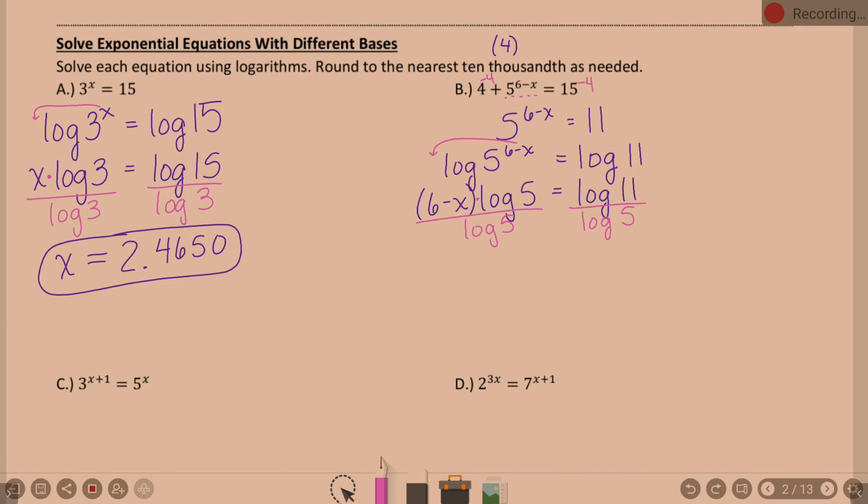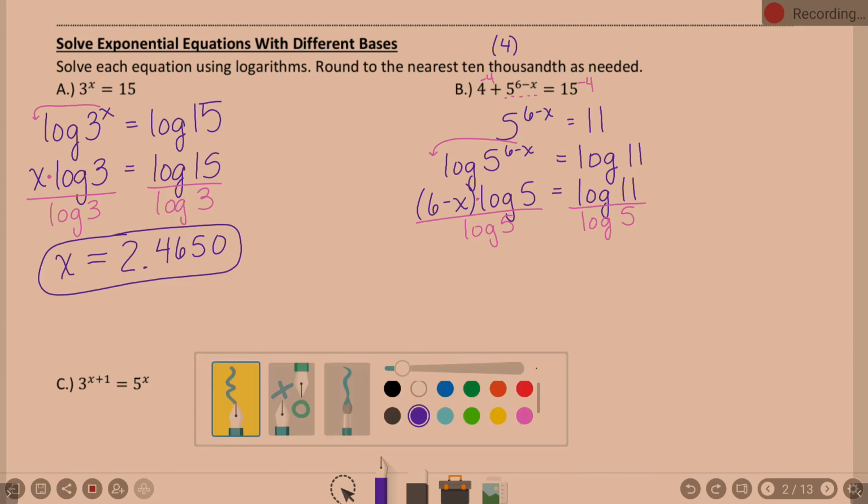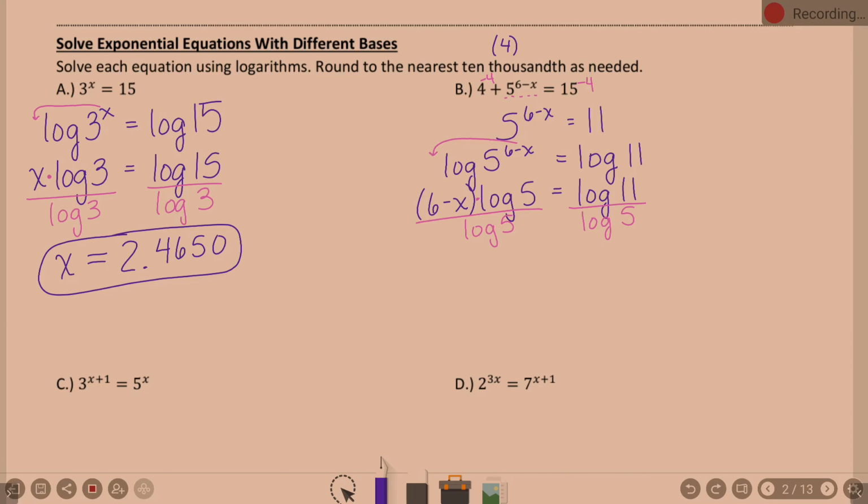Now, on the left, the log 5's cancel, yes? And I'm left with what? 6 minus x. On the right, log 11 divided by log 5 is some lovely decimal that your calculator knows, yes?